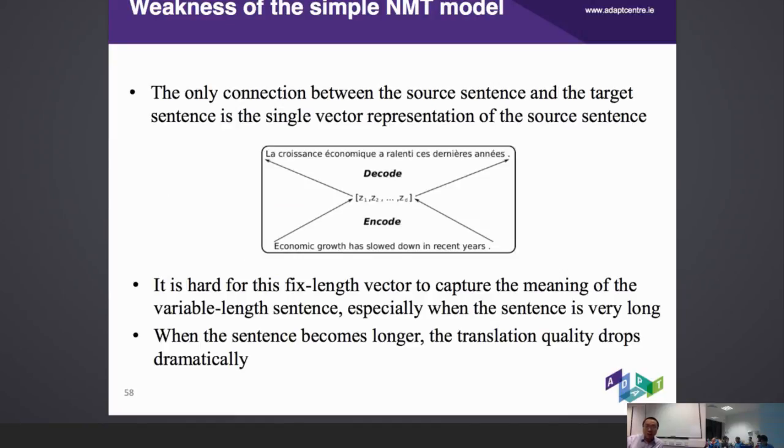But the sentence may be very long, so it is hard for this fixed-length vector to capture the information of the whole sentence. When the sentence becomes longer, the translation quality drops dramatically in this model.